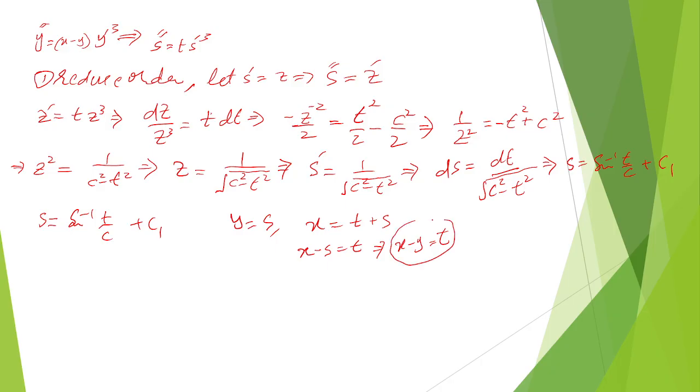This is t and this is s. So replace s by y, and y is equal to sine inverse of x minus y over c, that is the argument of the sine inverse, plus c1. So this is the solution in the original coordinate.